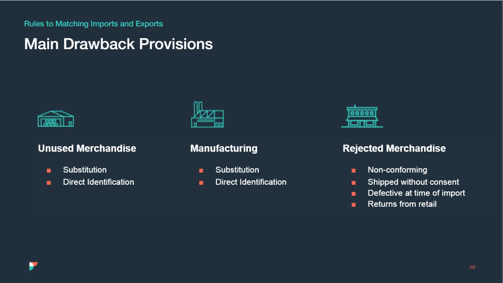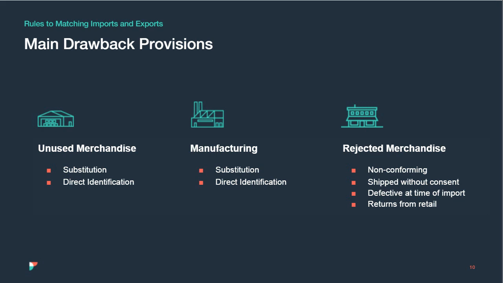So going back to our mold example, that's very common. And then returns from retail. I want to pause for a second on returns from retail, because this has tremendous implications on 33% of our trade.